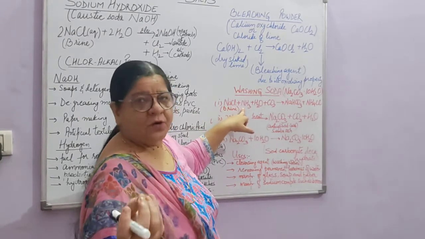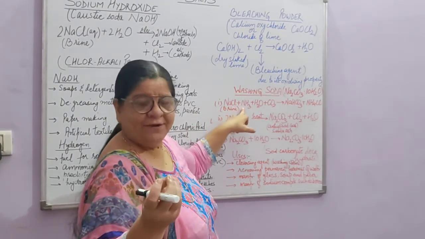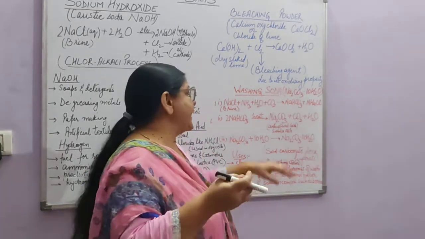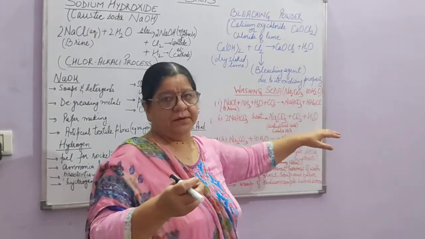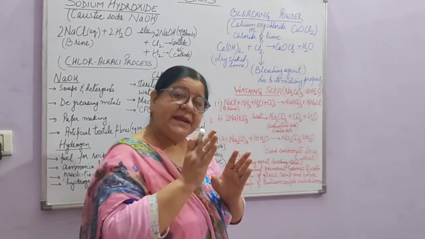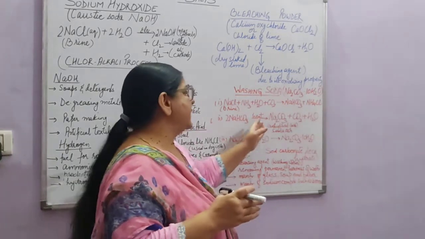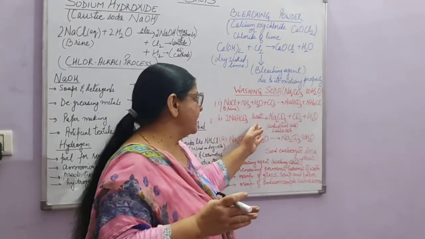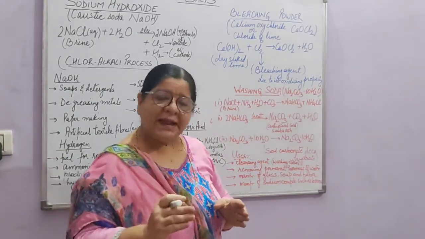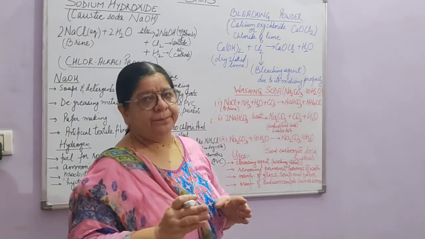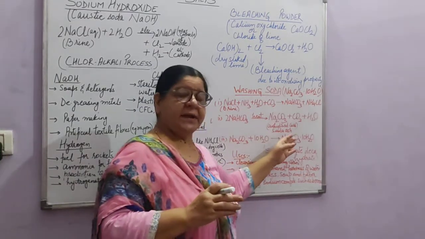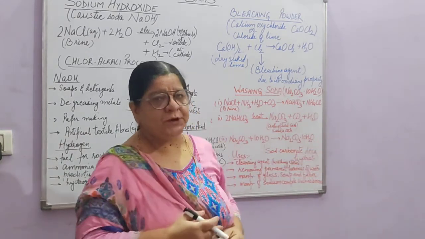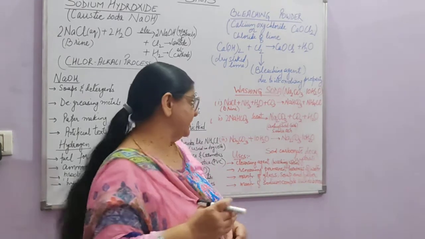We take the raw material, sodium chloride, in the brine form, and ammonia plus carbon dioxide is mixed in it. We get sodium hydrogen carbonate. This sodium hydrogen carbonate is then heated, and we get dry sodium carbonate, right? This dry sodium carbonate is then mixed with 10 molecules of water, and we get Na2CO3.10H2O, where this .10H2O is the water of crystallization.